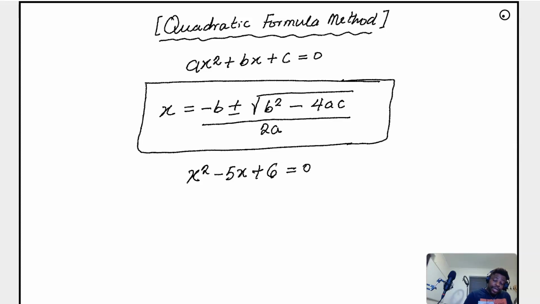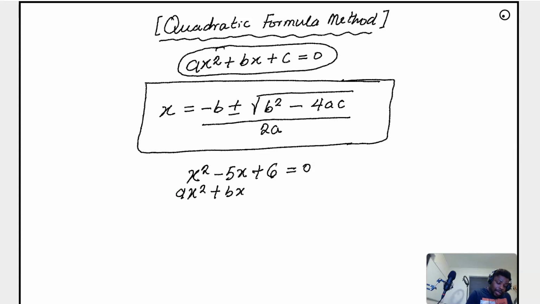The only thing you need to do here is to compare every quadratic equation given to you with ax squared plus bx plus c is equal to 0. Here you can see that the equal sign is equal to the equal sign. This is plus 6 and this is plus c. So definitely c is equal to 6.